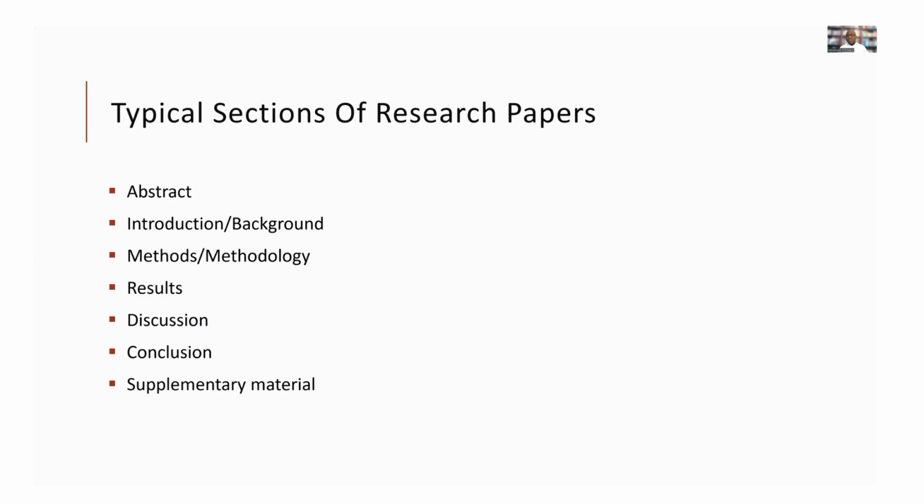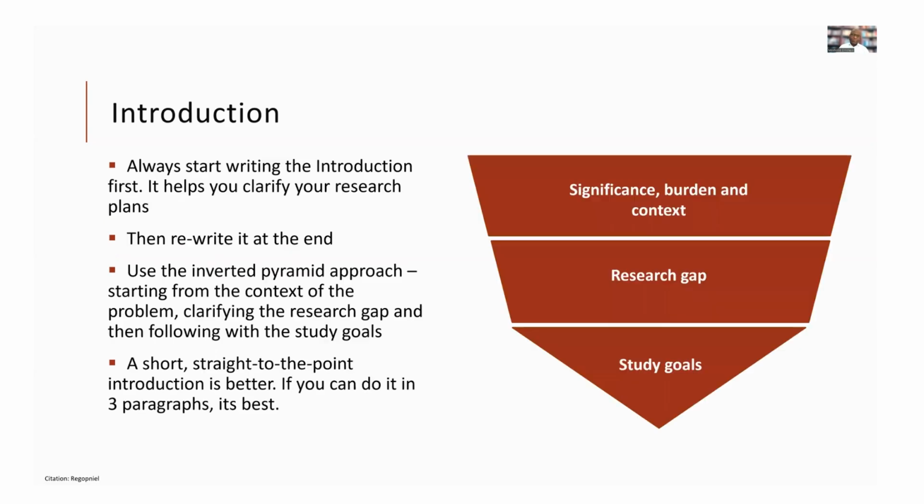A lot of times you can also have supplementary material, because journals have requirements and limits on the number of tables and the amount of information that you can include in the body of the paper. Because of those limitations, all the other data that's important for interpreting your study and understanding the report you've written then goes into the supplementary material.